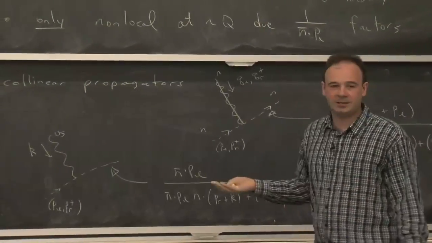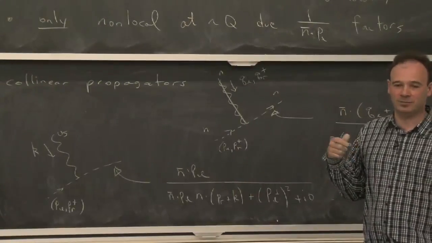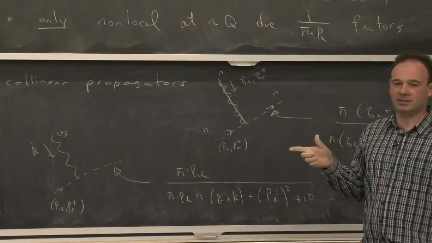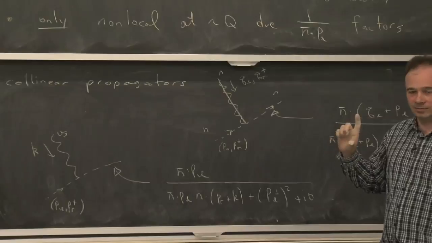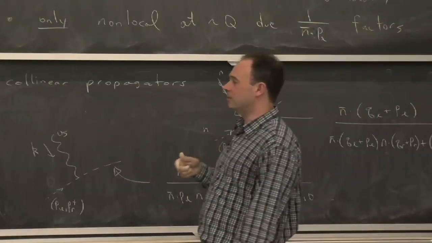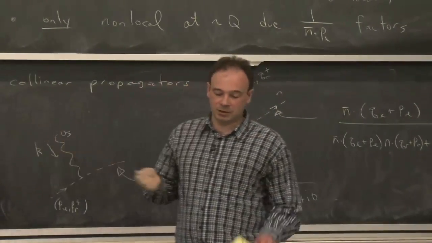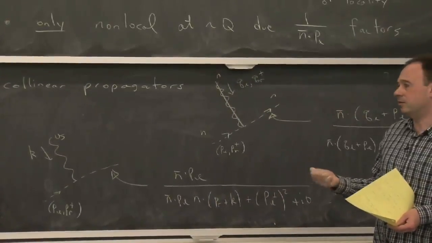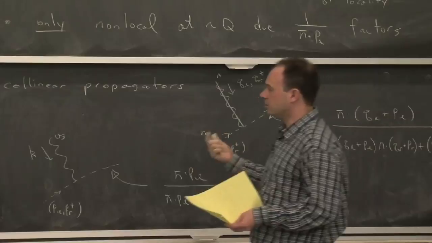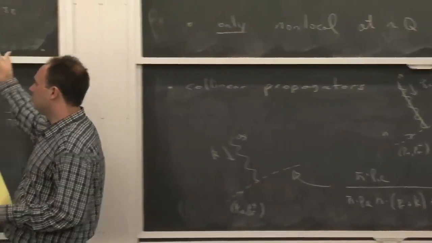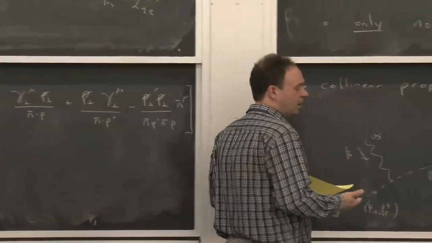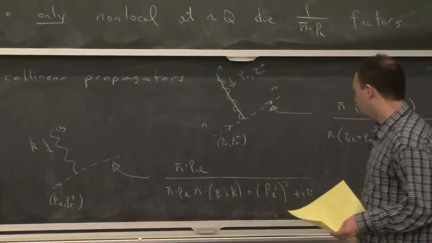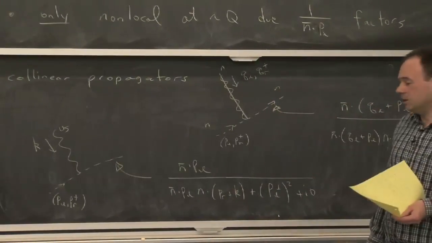In fact, if you only had collinears, you just boost to the frame where they're not having this boosted scaling. It's really relative scalings that the effective theory is trying to encode: the relative scaling between collinear and ultrasoft, or between, say, two collinears going off back to back. That's where the power of the effective theory is, in relative things. So it's only when you have two things at the same time and you want to describe both of them that you get into the kind of complications we're talking about. If you just have one thing, then things are simple.